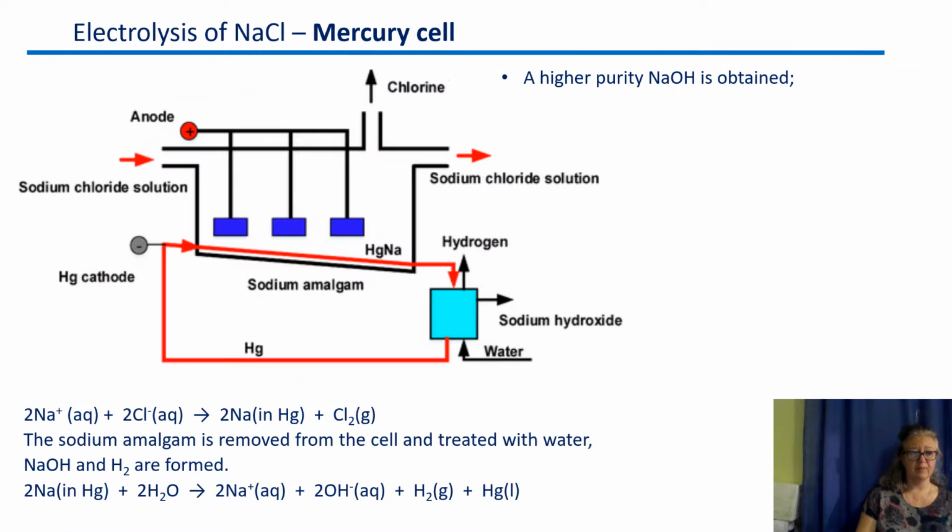Higher purity sodium hydroxide is obtained when electrolysis is carried out in a mercury cell. The cathode is the layer of mercury that flows along the bottom of the tank.